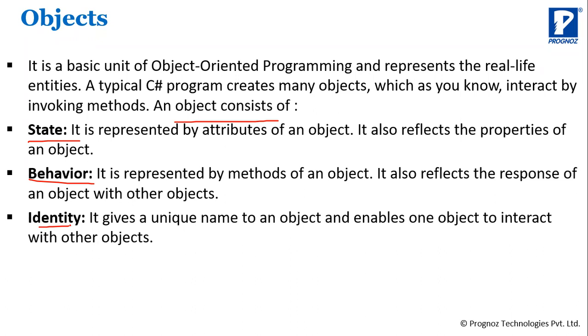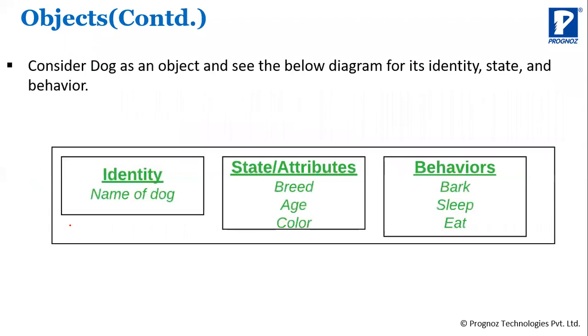The identity means it has some unique name. Consider an example: dog is an object. Here is the name of the dog. The state will be breed, age, color, and the behavior like bark, sleep, eat. So these are nothing but behavior. Every object has an identity, state or attributes, and behavior.